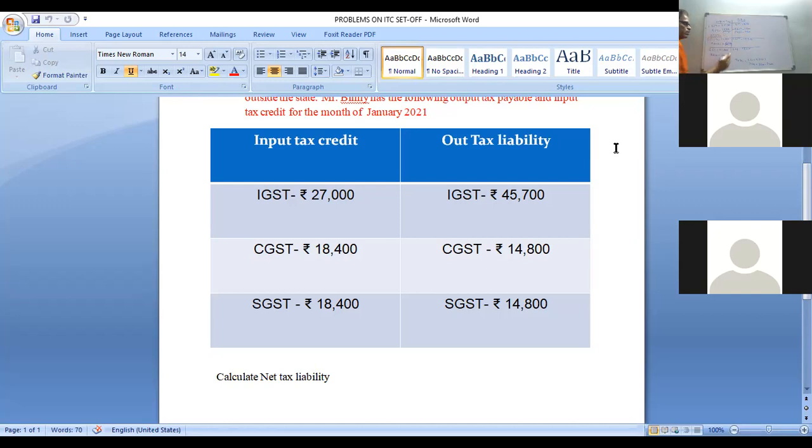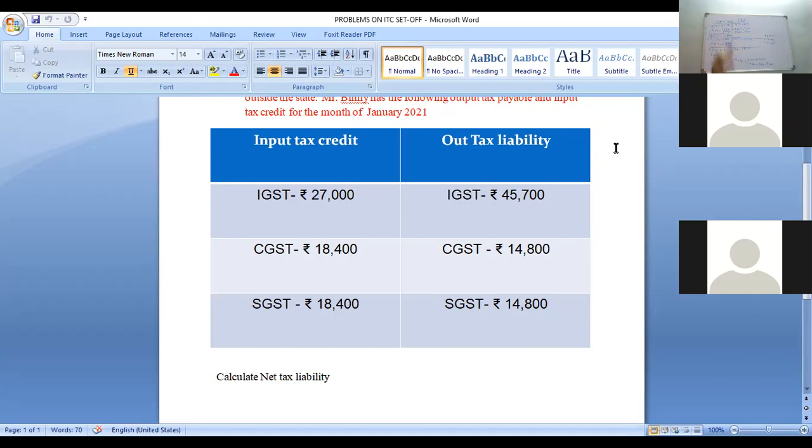Because output tax is more and input tax is less, 18,700 minus 7,200 is 11,500. So the net tax liability is 11,500. You have to calculate this manually, but the Tally software will calculate it automatically. This is how to make input tax credit set off.